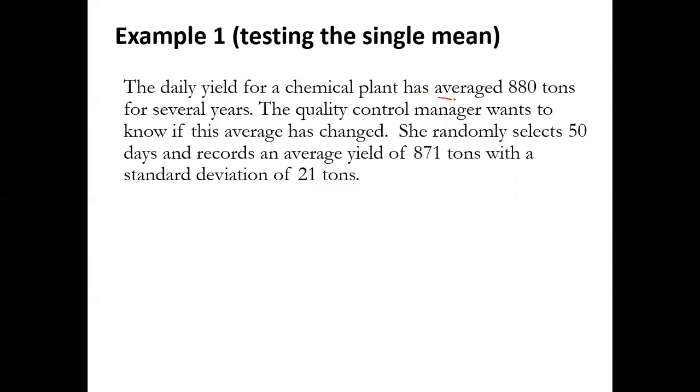So when it is stated about an average, the question wants you to find the average, and average must refer to the mean, mu. And then the quality control manager wants to know if this average has changed.